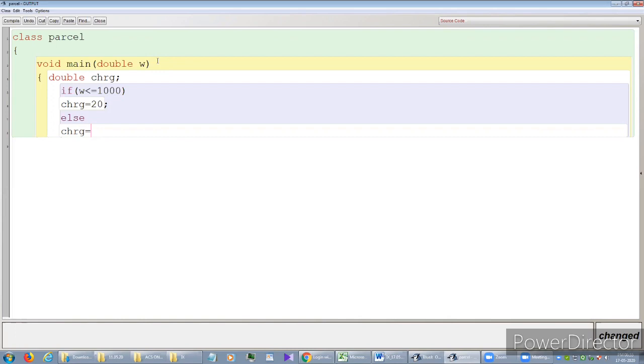So if the weight of a parcel is up to 1 kg or 1000 gram, then you have to pay 20 rupees. If it is more than 1 kg or more than 1000 gram, then we have to move on to this else part.